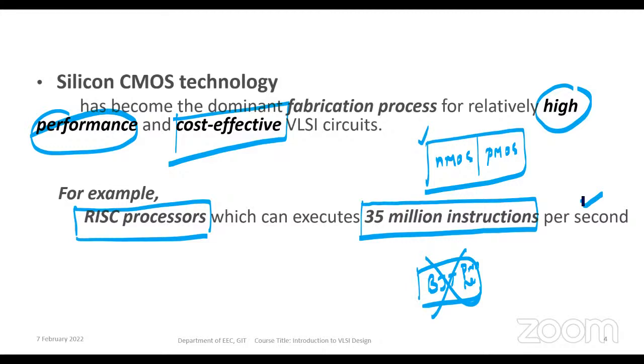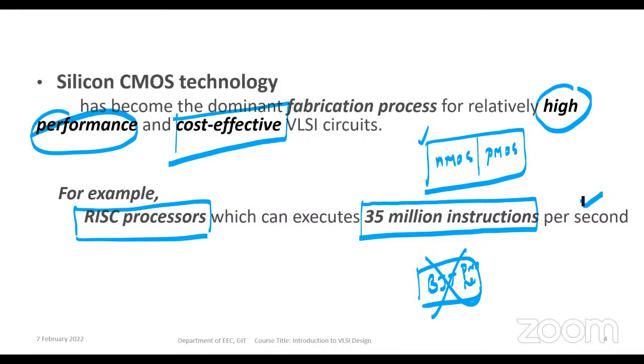So it has to process the commands whatever we give. If the processor has the ability to execute 35 million instructions per second, we normally call it a very high computational device.